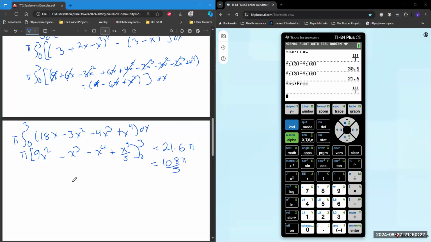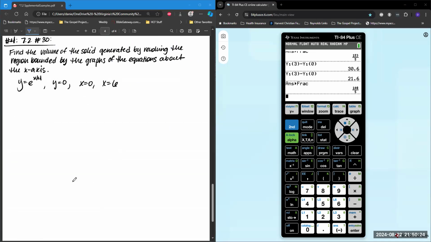All right, one more problem here. We're going to find the volume of the solid generated by revolving the region bounded by the graphs of the equations about the x-axis. So we have y equals e to the x over 4.